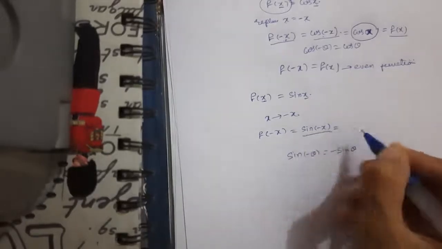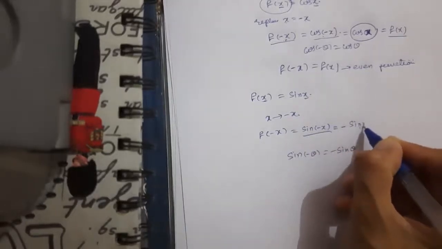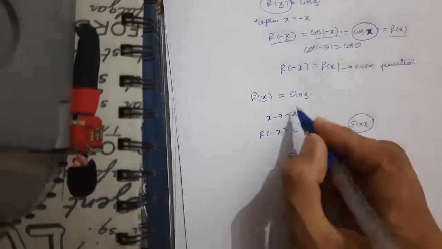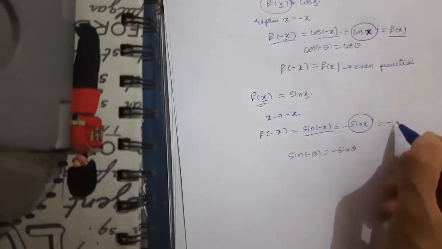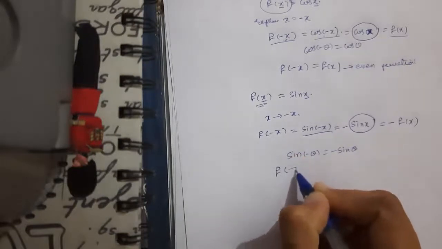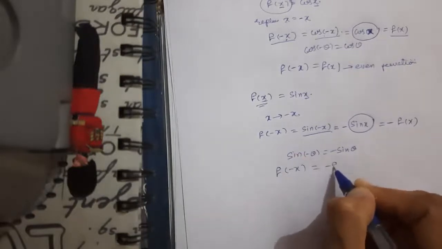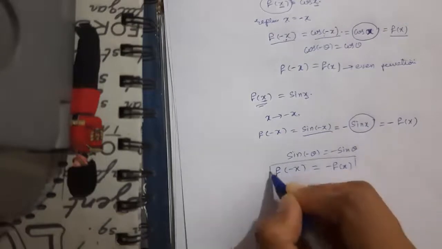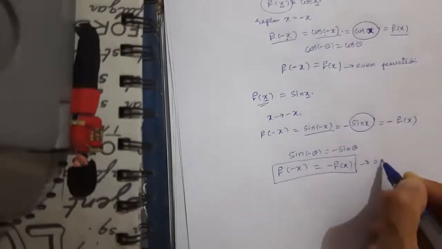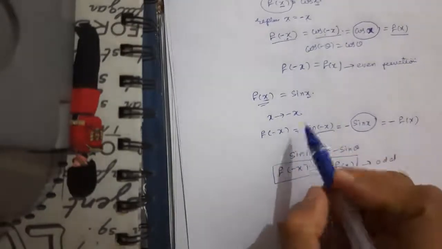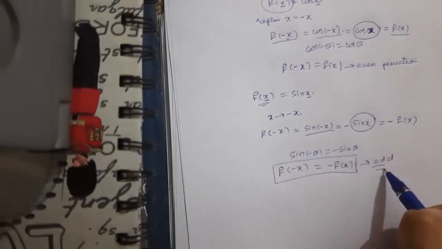So what will I get here? Minus sin x, and this sin x is nothing but my f of x. So it is minus f of x. So I get f of minus x equal to minus f of x. This is the condition for odd function. So y equals sin x is an odd function.